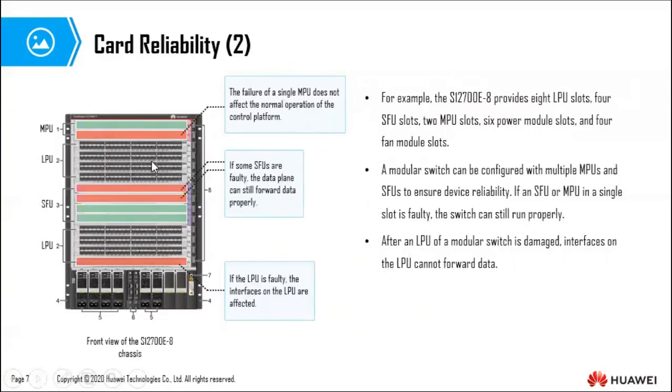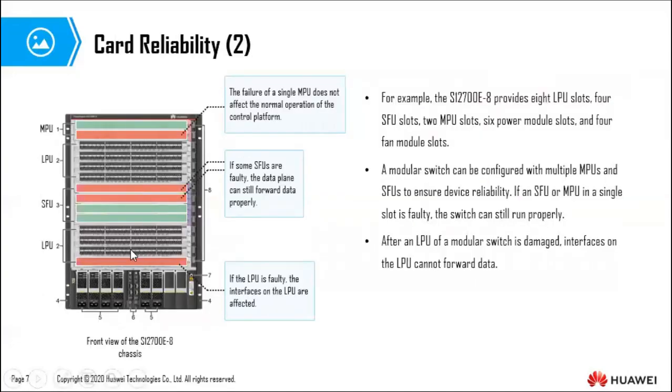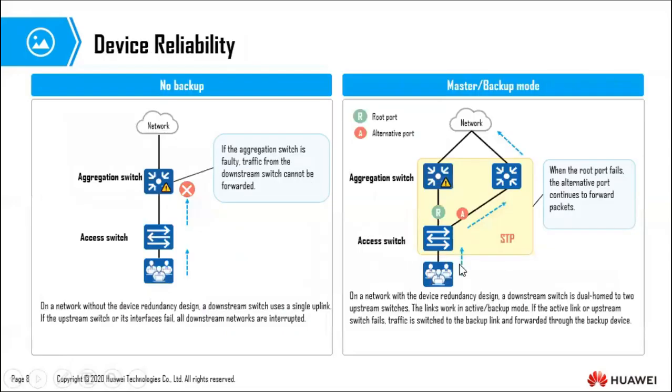The ones that are colored in red here mean that a failure has occurred on one of those cards. And if that happens, we still have a backup and the others can work. So you see, for example, for the line processing units, it provides the interfaces. If this card that is providing interfaces has gone down, then these cards are still going to be working.